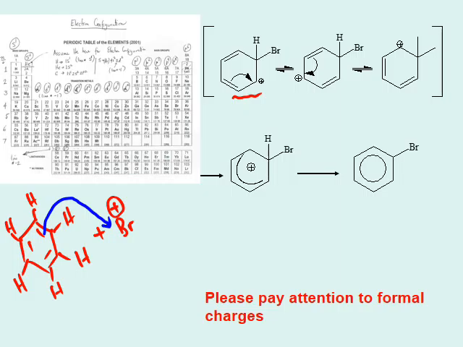It doesn't matter which one gets bonded, so either of these two carbons can be bonded to Br. So let's assume that the first one on the right gets bonded. If that's the case, this is what you're going to get. Actually, I can draw this arrow. That's what you're going to get when Br gets bonded to this carbon.